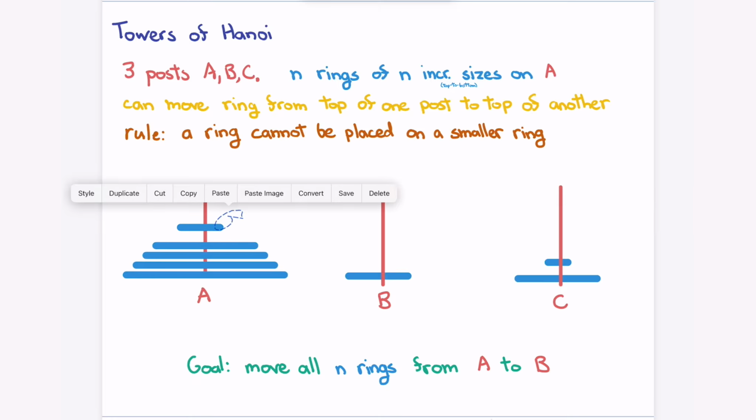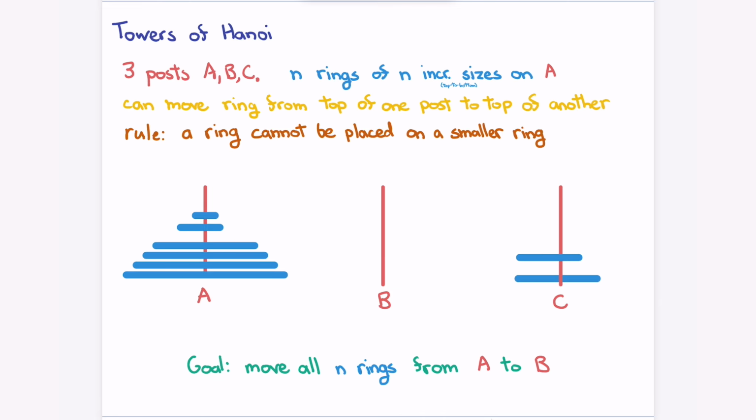B to A. I guess C to A. And B to C. Okay. A to B. A to C. B to C. I think we're still following the rules, right? We've only moved half the rings, and we're on the wrong post.